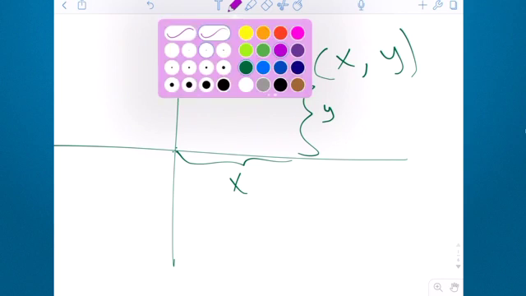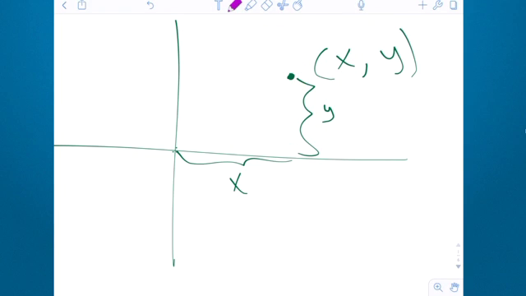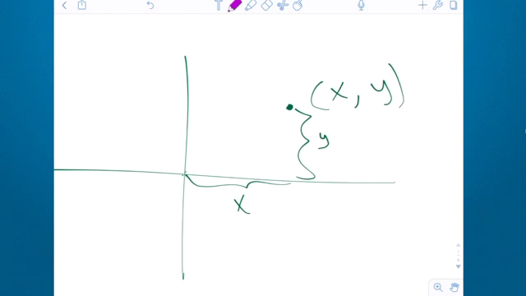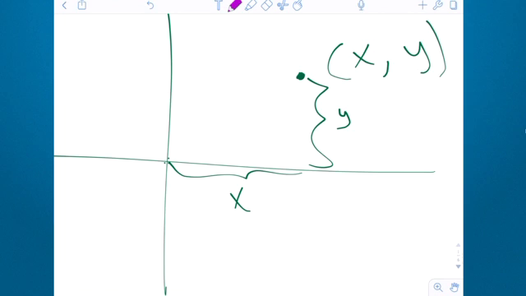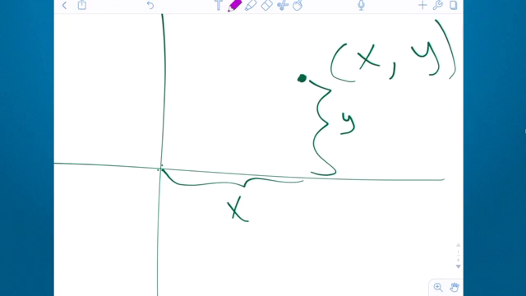But there's another way to navigate through two-dimensional space, and if you've ever navigated around a globe, you kind of know how to do that already. I could get to that same point x, y, not by designating a distance left and right and up and down, but rather I can designate an angle.